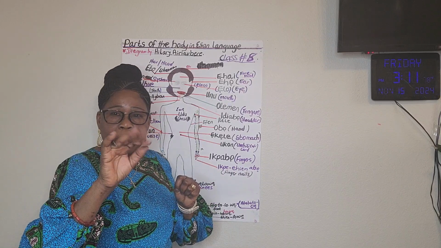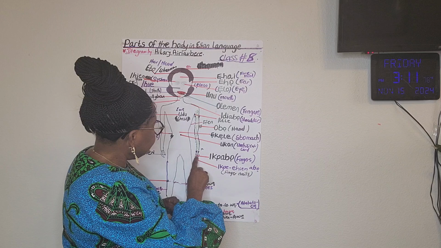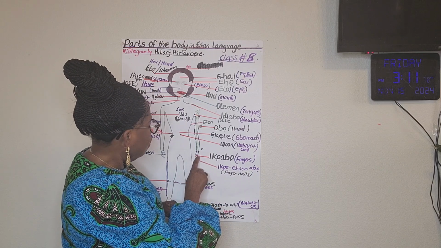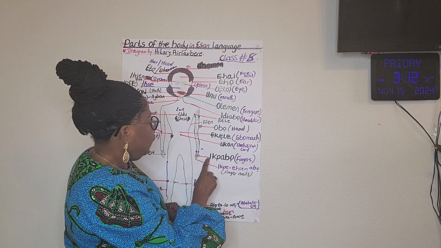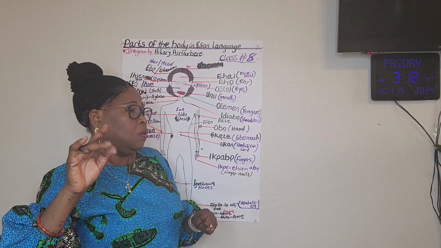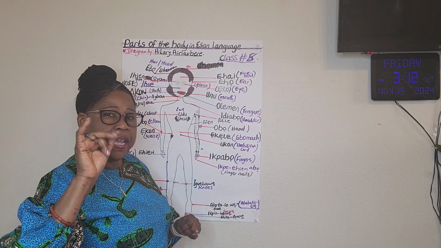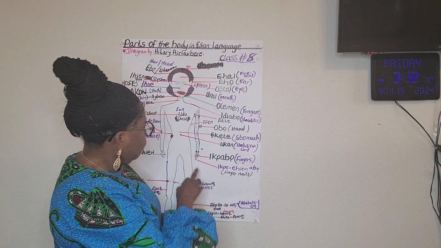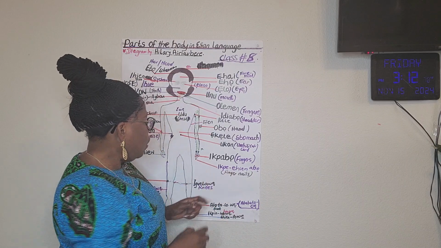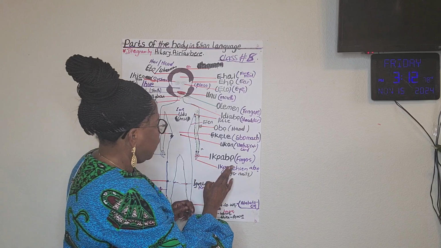And then you go down, you see the ikpabo. Ikpabo because they are many. You see, I kind of cross them, letting you guys know that I'm talking about all the fingers here. Fingers, ikpabo, more than one. One is ukbobo, many ikpabo. And then you have ehiambo, ikpehiambo. You can call it ehiambo just from here.